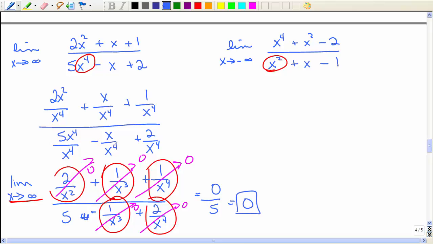Okay? Now, in this next example, the highest power is x squared, so I'm going to divide by all of that. And hopefully, I'm going to do this in my head. I'm going to divide x to the 4th over x squared, 2 over x squared. So I'm dividing and reducing at the same time.